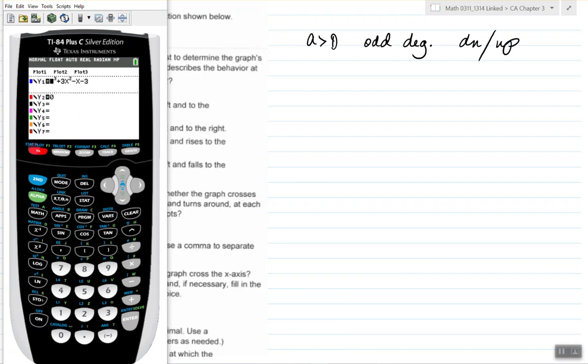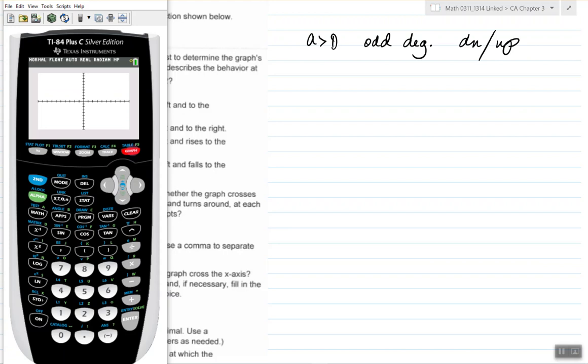This is y equals, I have another x to the third, so I can just leave that. And I have subtract 2x squared, subtract x, and plus 2. So I'll make my adjustments. Take a look at my graph.